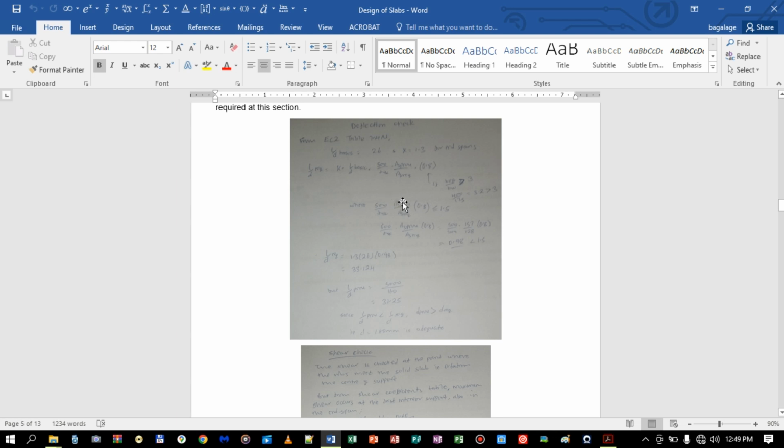One of the factors takes into consideration the area of steel provided, whereby when you provide more steel, the stress reduces.